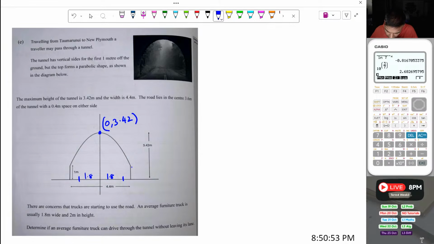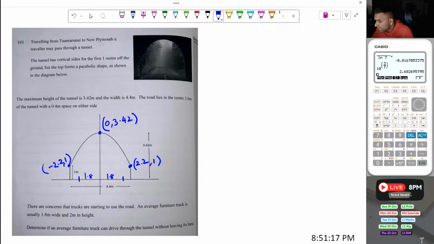Then we have this point here, which happens to be 4.4 and 1. And on the other side, not 4.4, 2.2, sorry. Just realized that. So that's going to be 2.2. And then on this side, we've got negative 2.2 and 1.